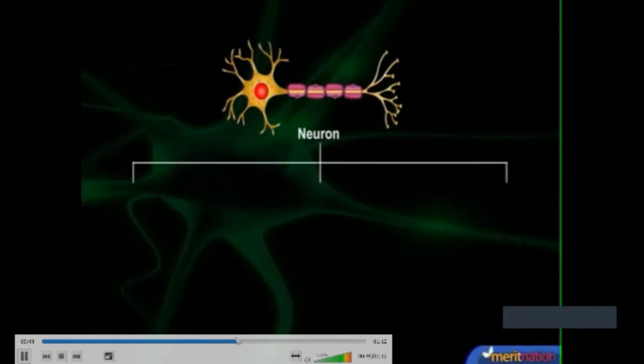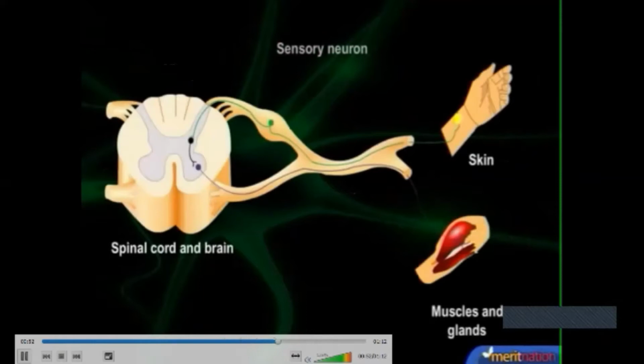Neurons are also of three types: sensory neurons, motor neurons, and relaying neurons. Sensory neurons transmit impulses from the sensory receptors to the brain and the spinal cord. Motor neurons transmit messages from the brain to muscles and glands. Relaying neurons are found in the brain and spinal cord. They serve as connectors between the sensory and the motor neurons.